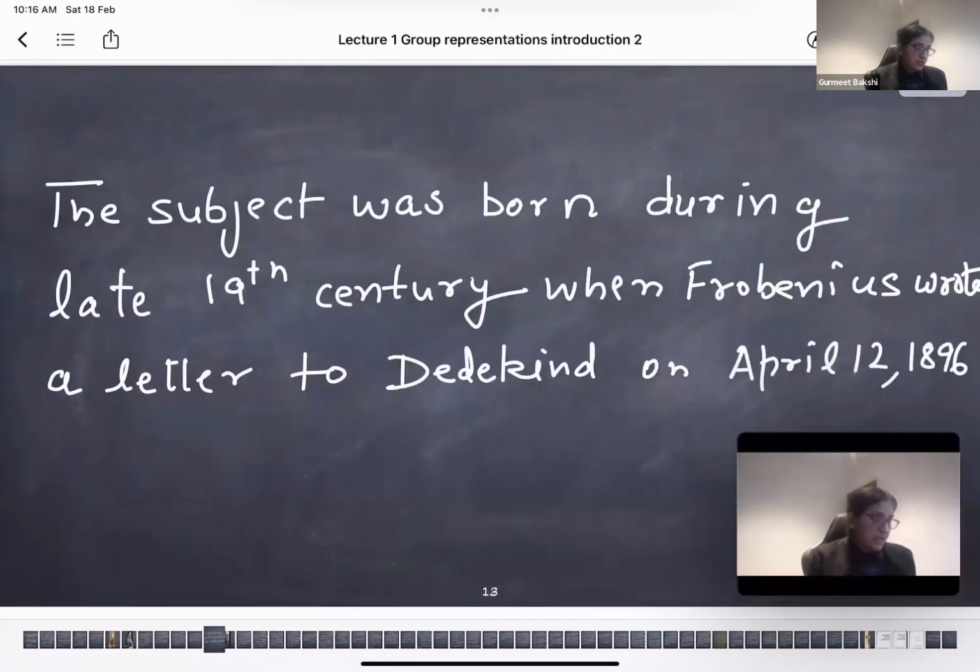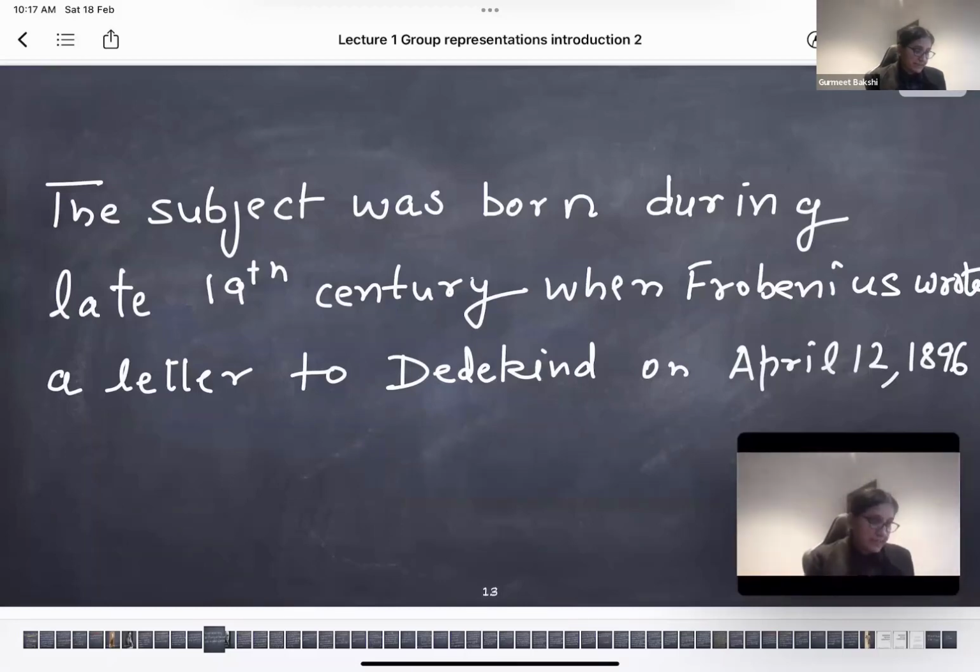So the subject was, as I told you, born during the late 19th century when Frobenius wrote a letter to Dedekind on April 12, 1896. So what was contained in that letter? Why did Frobenius write this letter to Dedekind? I will just tell you that story.